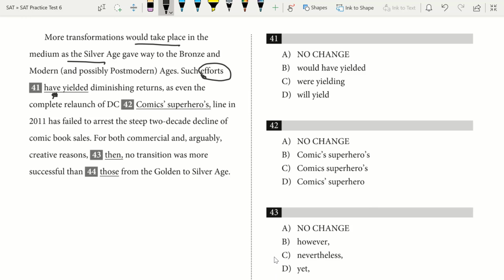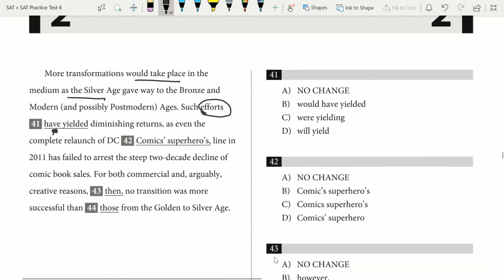Because if we look back, we can see such efforts have yielded diminishing returns, as even the complete relaunch of DC Comics line in 2011 has failed, right? So we're talking about present tense. So we're going to have the present tense and plural. Present plural would be have yielded. So our answer there is going to be A. Not would have yielded, not were yielding, and not will yield.